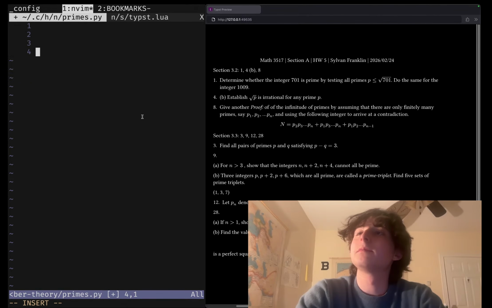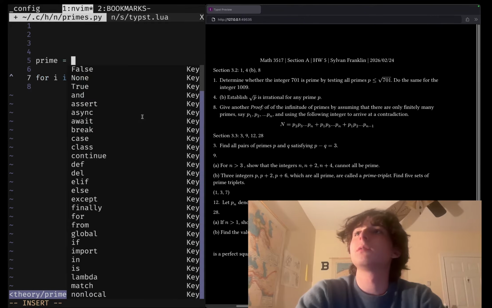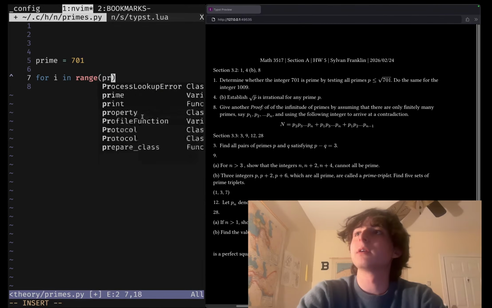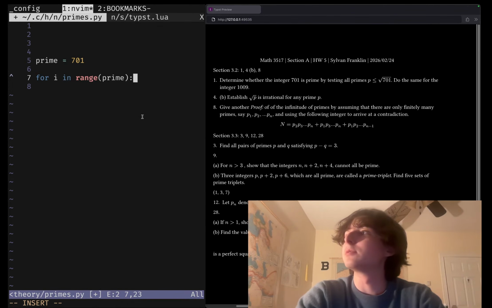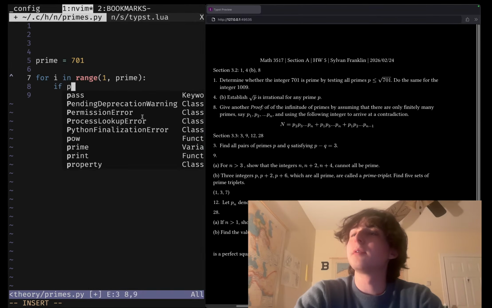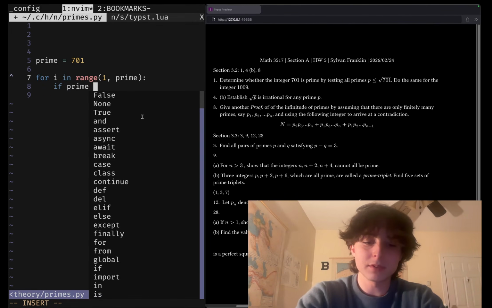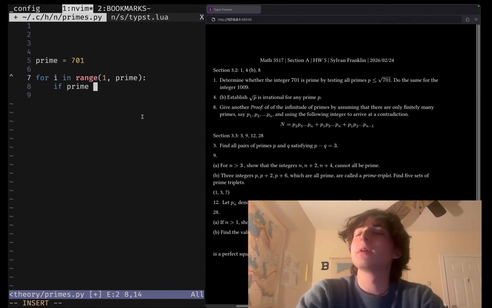Okay. For i in range 701. Call that prime, actually, so we can check things are divisible by it. All right, if prime, how do you do mod in Python again? It's been a while. Is it the % sign? Or no?